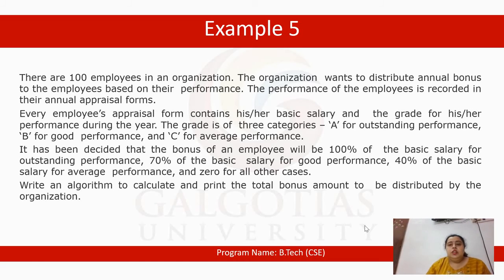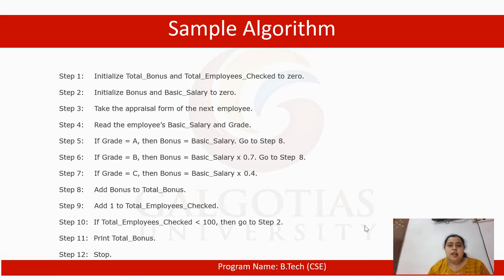So what we need to do is first check the performance of the employee, as it has been categorized into 3 things, A, B and C. Then according to the category, we need to give the bonus to the employee and find what is the total bonus that the organization is distributing.